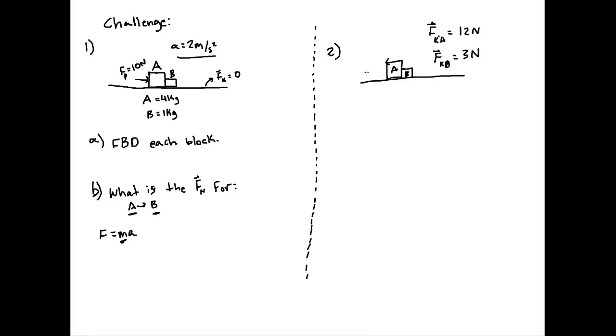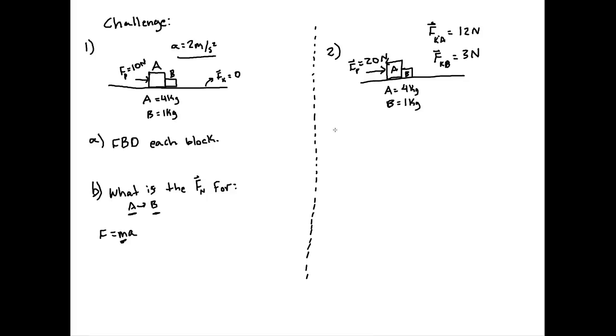Okay, and I am now pushing with a force of 20 newtons. Now, each block has the same mass as before. So A is 4 kilos, B is 1 kilo.